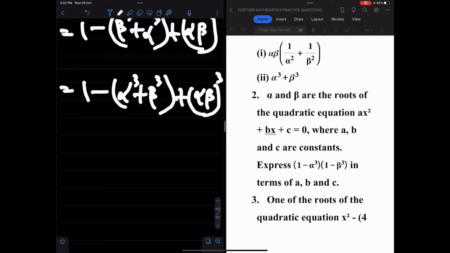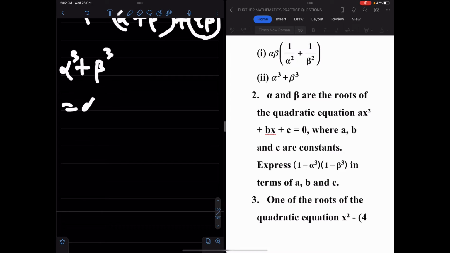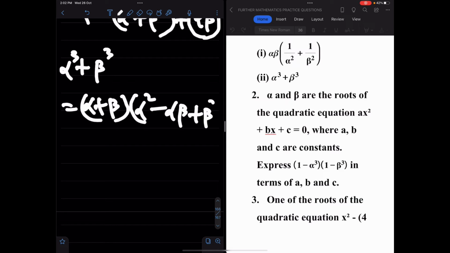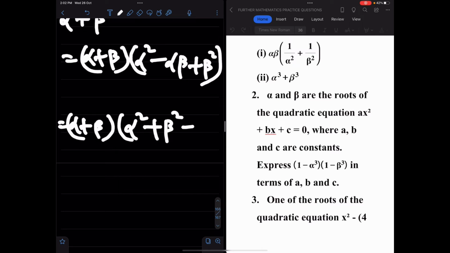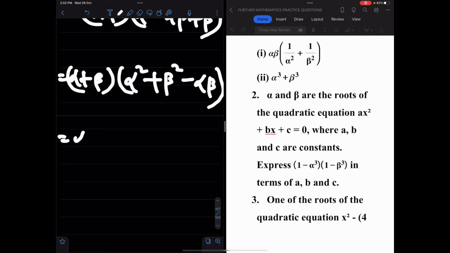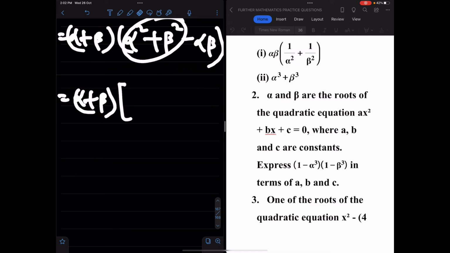Now, what is alpha cubed plus beta cubed? Let me find that separately. Alpha cubed plus beta cubed is equal to alpha plus beta times alpha squared minus alpha beta plus beta squared, and that's the same as alpha plus beta, let me write it this way, into bracket alpha squared plus beta squared minus alpha beta, which is equal to alpha plus beta into bracket alpha squared plus beta squared, which is the same as alpha plus beta all squared minus 2 alpha beta.